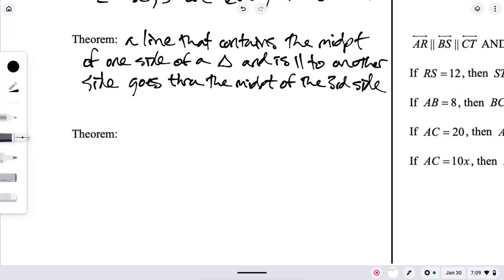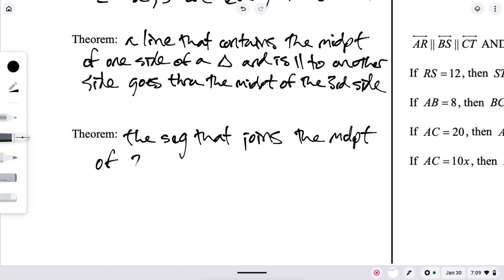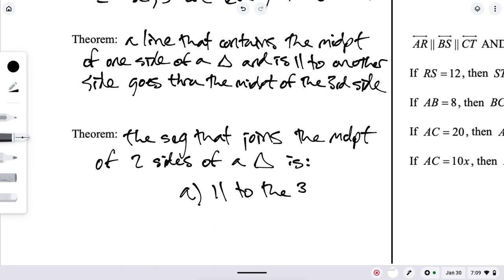Finally, last one: the segment that joins the midpoints of two sides of a triangle is either A, parallel to the third side, and/or B, half the length of this third side.